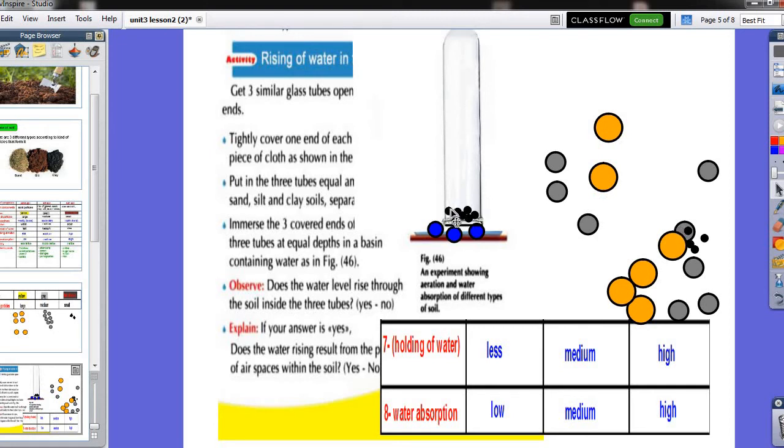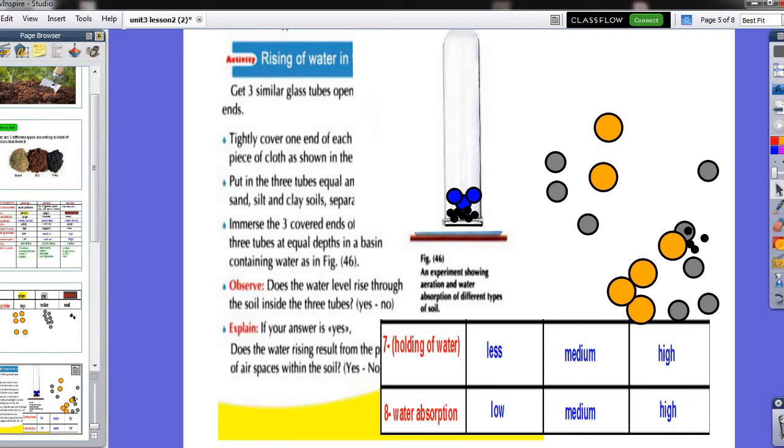So the rising of the water will also be high, as we see. Okay, this is about the rising of the water. The rising of the water is also called water absorption. Water absorption in sand is low, in silt it is medium, in clay it is high. This is the activity in your ministry book.